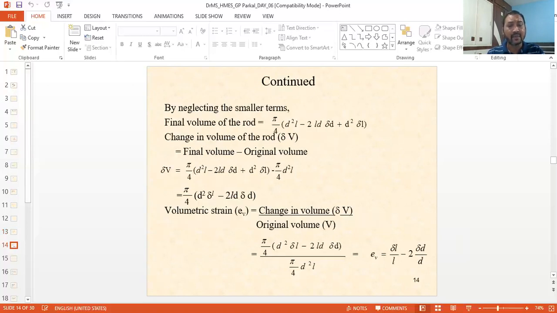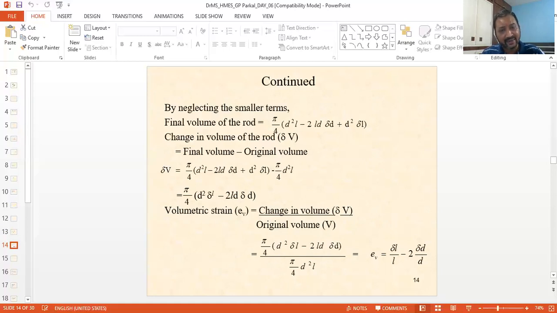Here also, delta D and delta L are very, very small amounts. So delta D whole square, delta L whole square, or delta D into delta L will be very, very small, and we can neglect them.